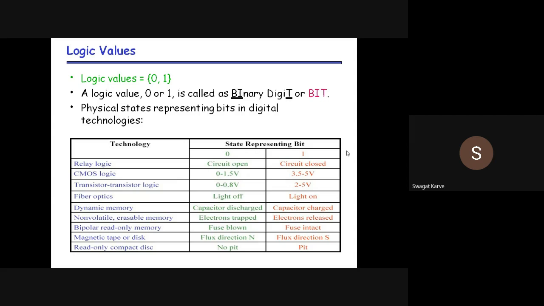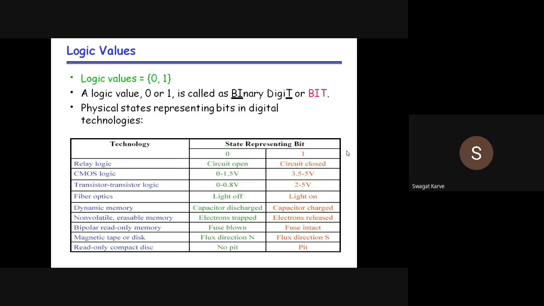Whenever there is no light, we are treating that part as logic 0, and whenever there is light, we are treating that part as logic 1. That means 0 is light off, and 1 is light on. For 0 there is no light, that means 0 voltage, and for light on there will be some light intensity, right? So in case of fiber optics, you can treat logic 0 and logic 1 as light off and light on.